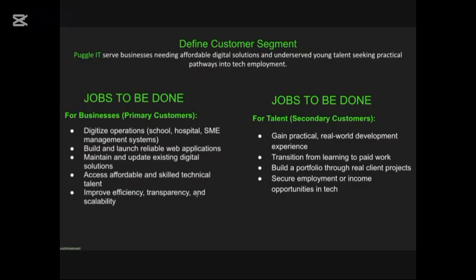First, we will build and launch reliable web applications. On the internet now, there are a lot of digital solutions. Our niche is web applications, be it a website, a web app, a mobile app, or any tech solution, even internal on-site solutions that don't rely on the internet; we can build that. But it's easy now to just connect to the cloud and build something for them so they don't have to worry about infrastructure.